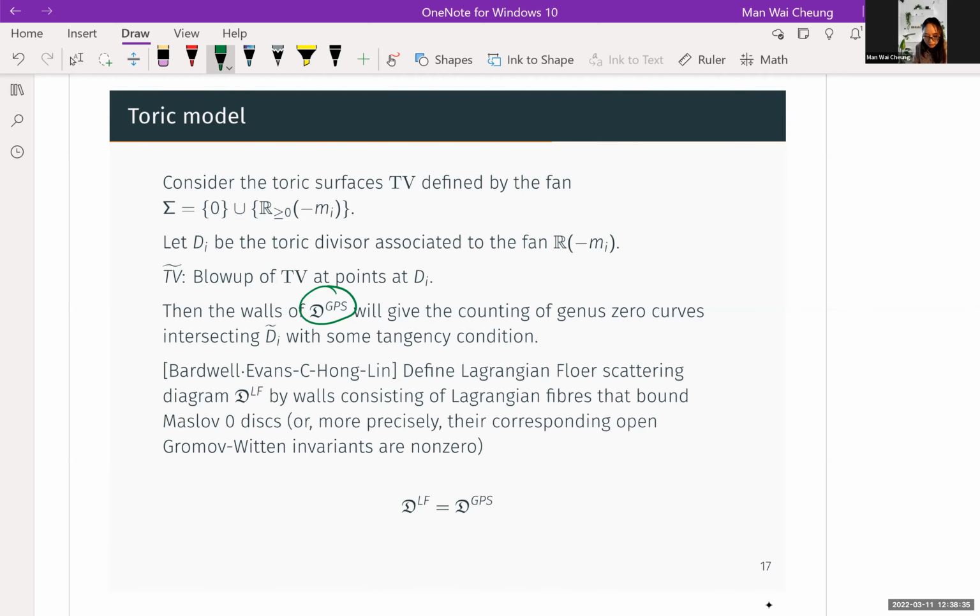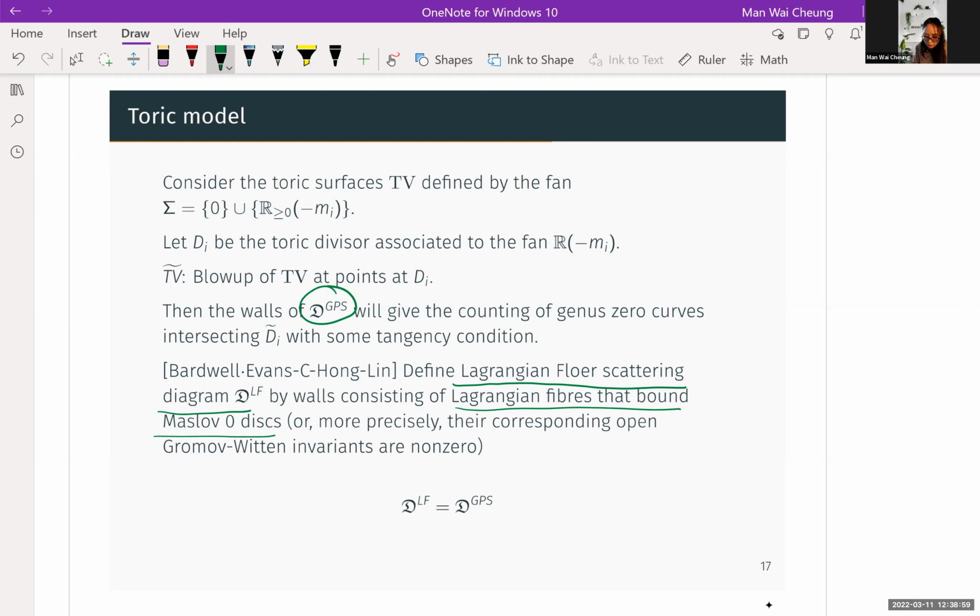And with Sam Bardwell-Evans, Hansol Hong, and Yu-shen Lin, we kind of repeat the story from a symplectic point of view. We define the Lagrangian for scattering diagram, where now the wall functions correspond to counting of Lagrangian fibers that bound the Maslov index zero disk.